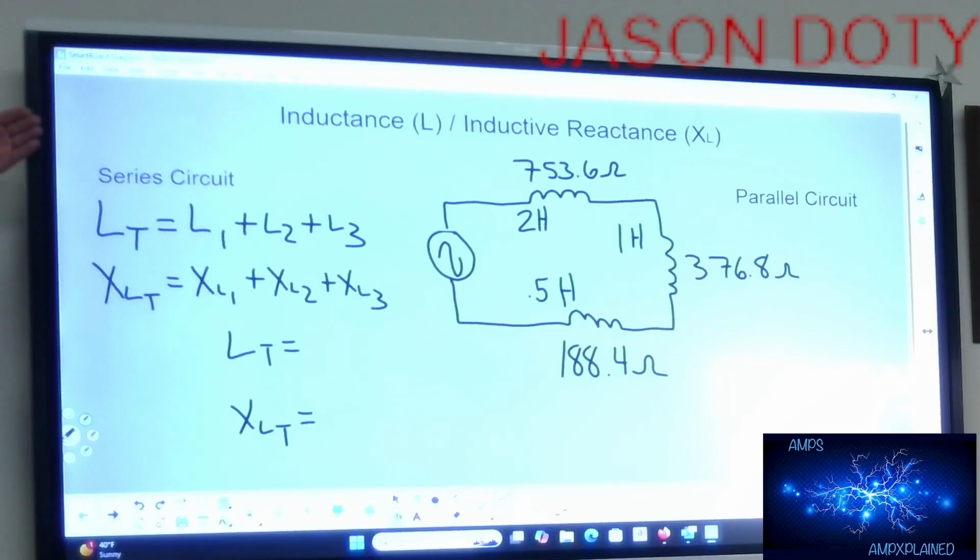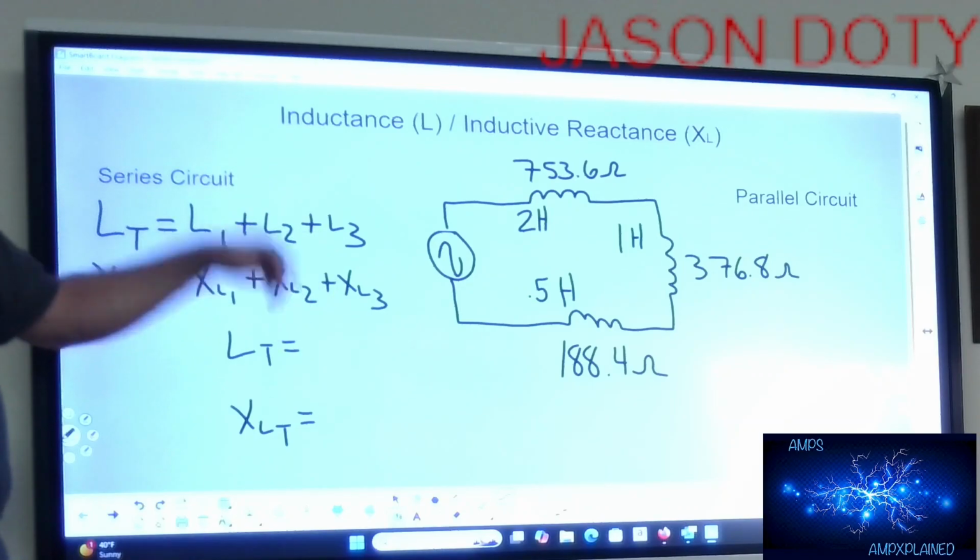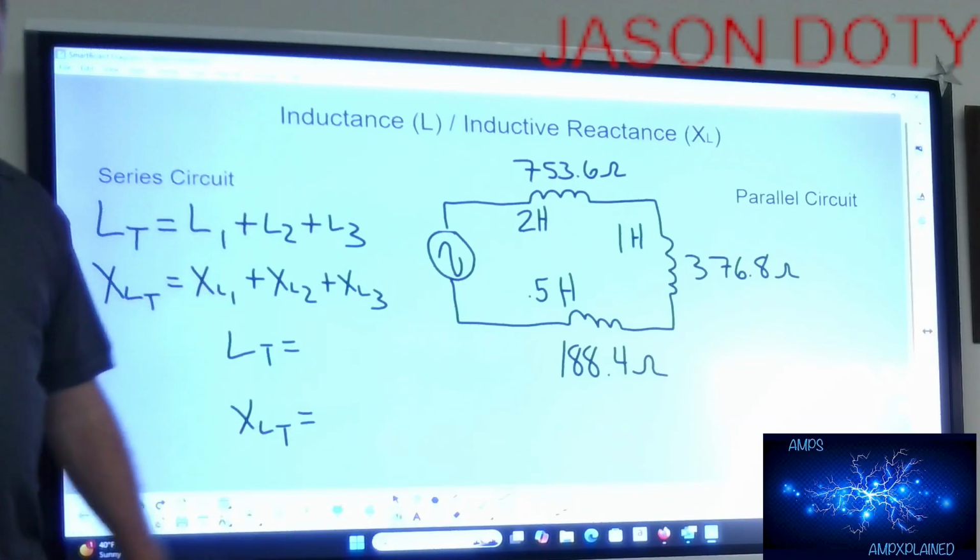In a series circuit, like the one we see to the right, if I wanted to know the total inductance of that series circuit, L total is equal to inductor 1 in Henries plus inductor 2 in Henries plus inductor 3 in Henries, and so on.